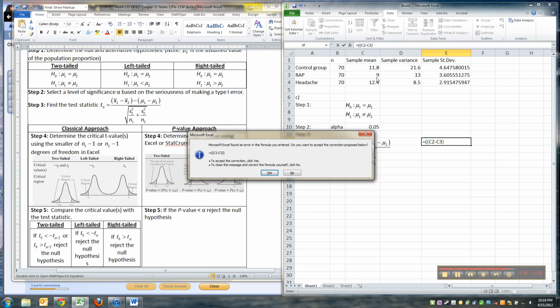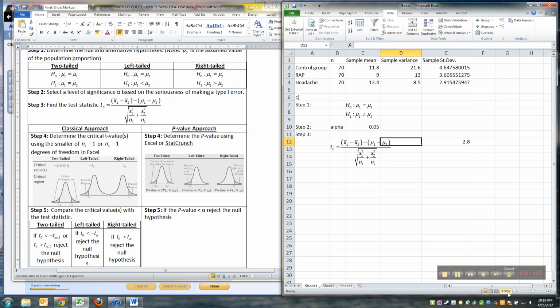Actually, I didn't need both sets of parentheses. There we go. So I got to take that difference, close my parentheses, then divide it by the square root of D2 divided by N2, or B2 plus D3 divided by B3, right? That's that formula right there. There we go.